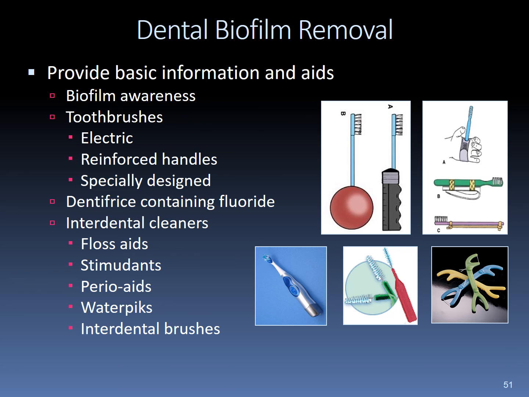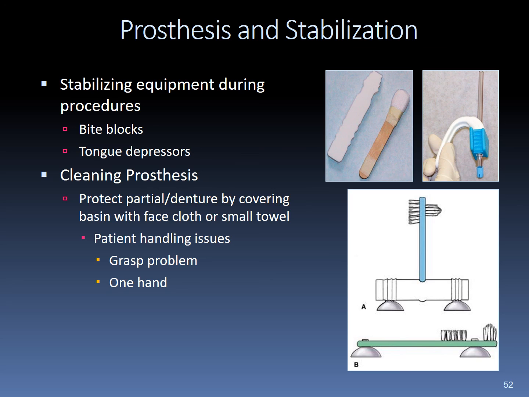hygiene regime. One of the big problems with handicapped patients is being able to stabilize their dentures when they're using them to clean with. So creating some type of stabilizing equipment will actually help them. They have grasp problems or some only have one hand.